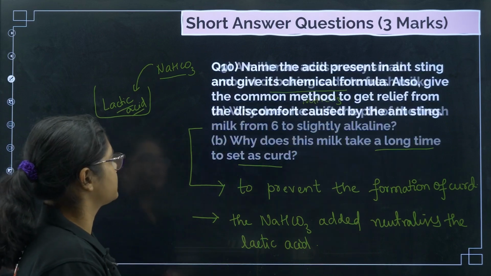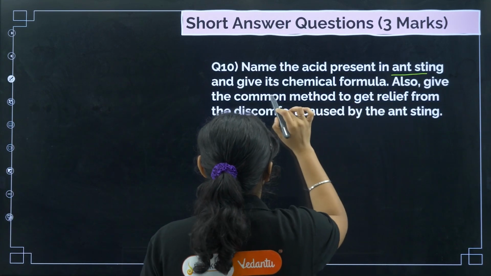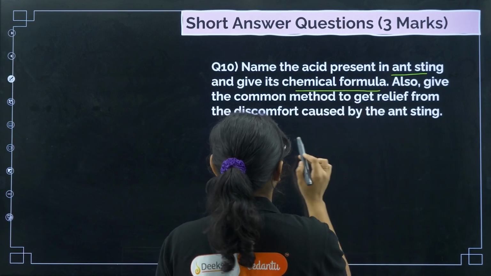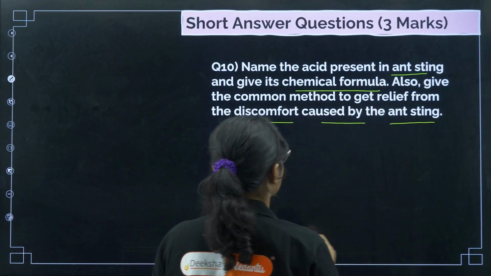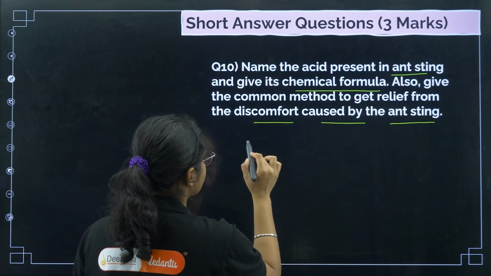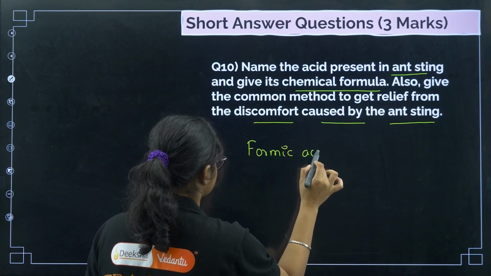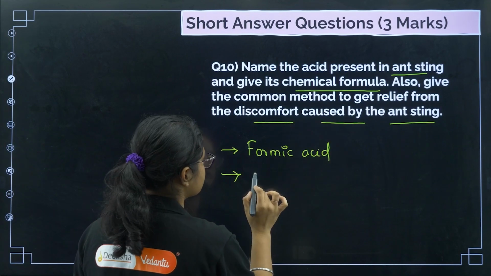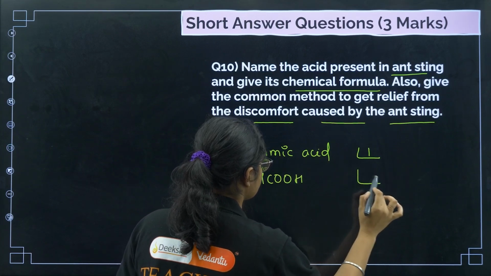Okay, next question, name the acid present in an ant sting and give its chemical formula. Also give the common method to get relief from discomfort caused by the ant sting. So what is the acid? That is formic acid. Okay, formic acid, first one. Next, what is the formula? That is HCOOH. Okay, so this one is 1 mark, this is 1 mark.